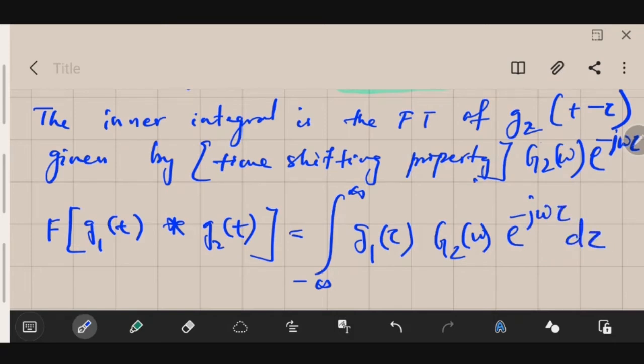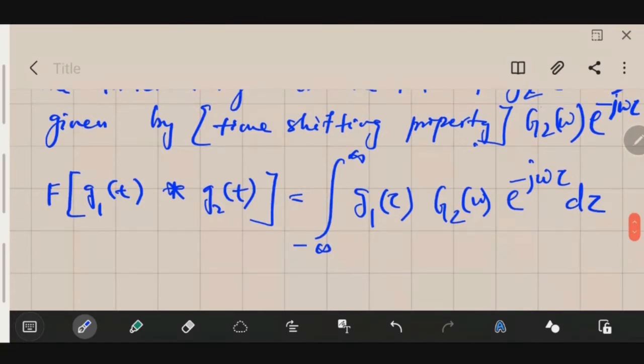Got it? Now you can see that g2 of omega is independent of tau. This integral is with respect to tau, and g2 of omega is independent of it, so it can always move out of this integration.